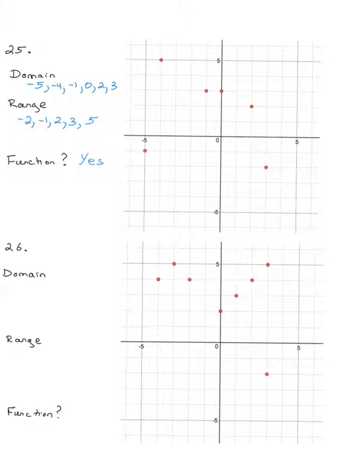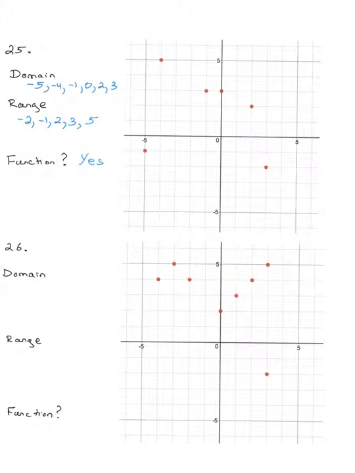For the remaining of these, I'm just going to quickly go through them. You can refer back to question 25 if you want to see me more carefully go through every single point. But if I want to start with the domain, it's just all of the corresponding x values for these points. So we get -4, -3, -2, 0, 1, 2, and these both go to 3.